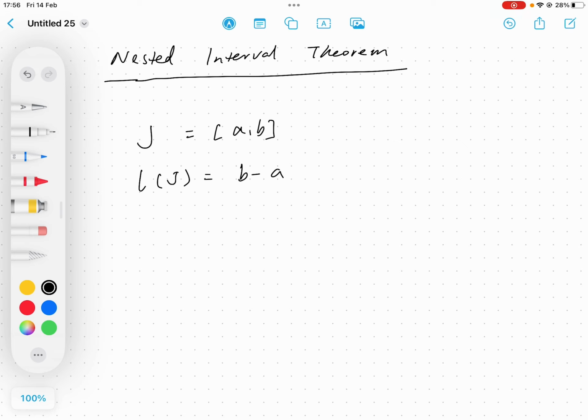So then we're going to use two lemmas. Although they're called lemmas, they are very straightforward.